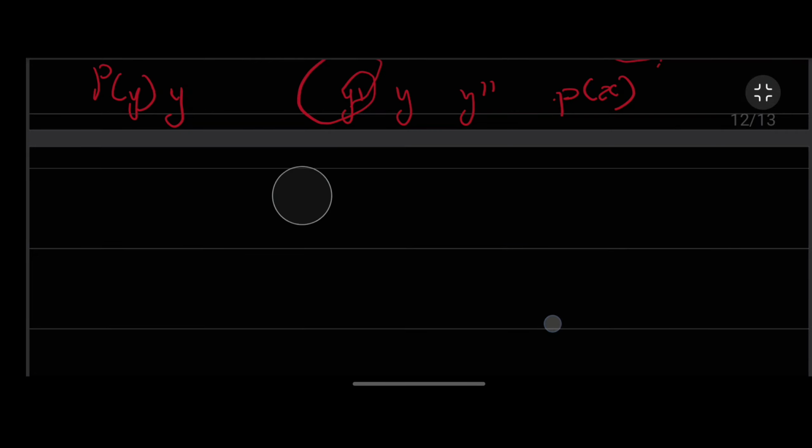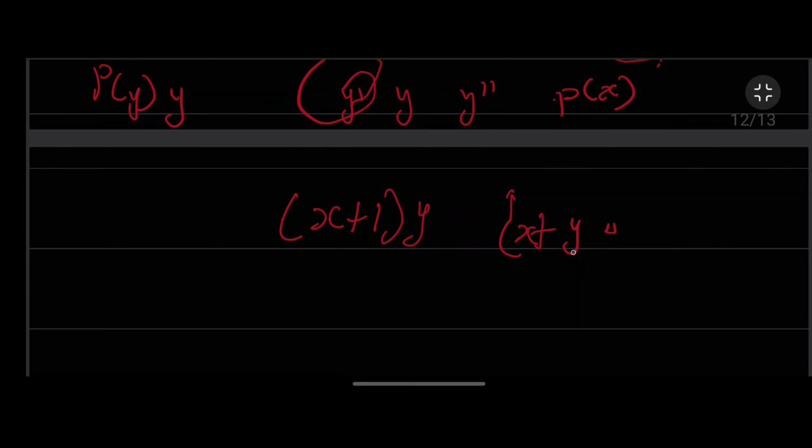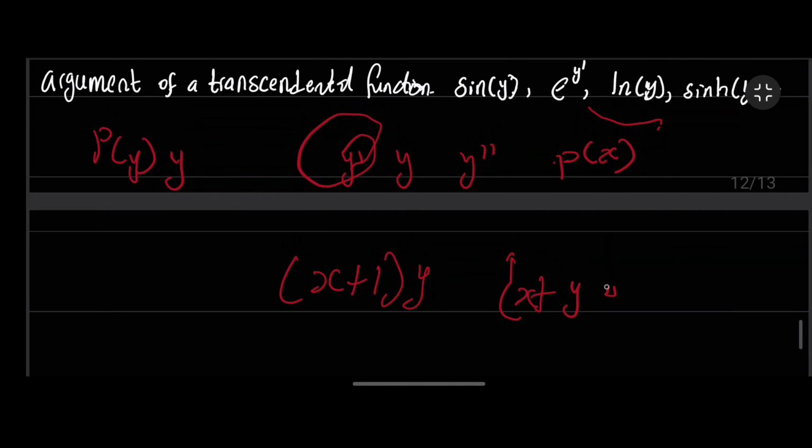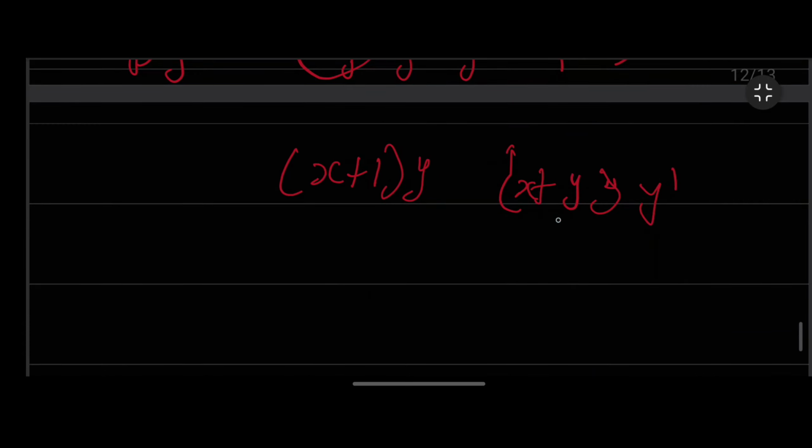For example, instead of having x plus 1 multiplied by y, you ended up having x plus y multiplied by, let's say, y prime. In this case, you just found out that if you multiply this out, you would have a product of the dependent and the independent.